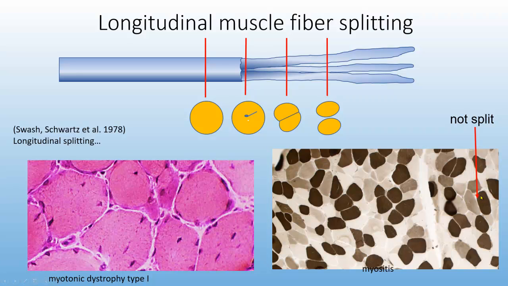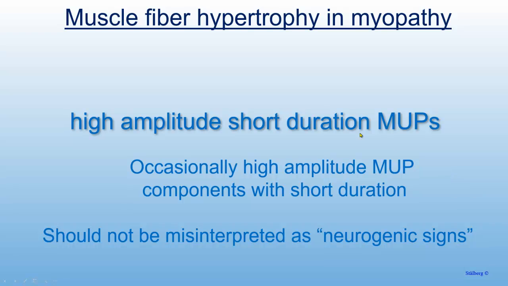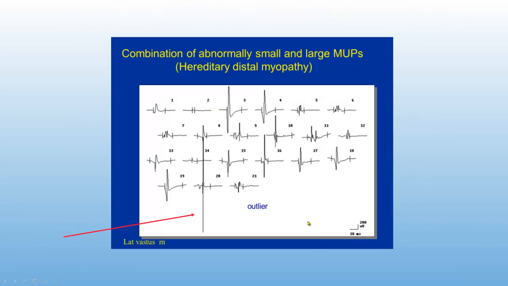They are different types. And then we have another phenomenon that we see in our daily routine relatively often in some myopathies, and that is high amplitude short duration motor unit potentials. As you know, the neurogenic are high amplitude long duration, and this has led to misinterpretation in some situations, even in publications.